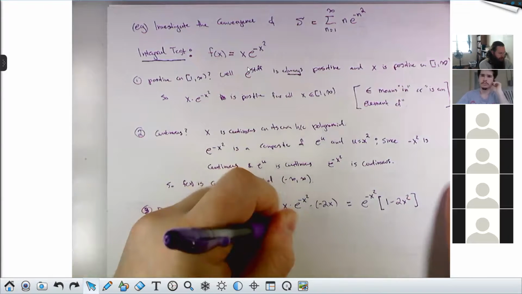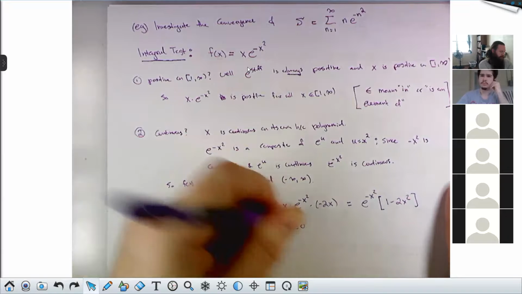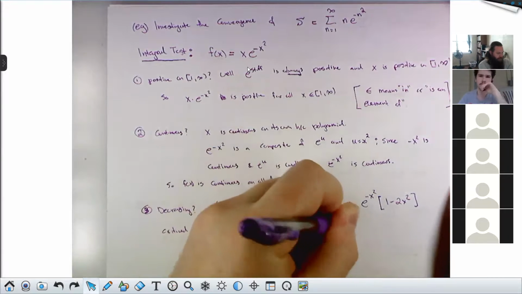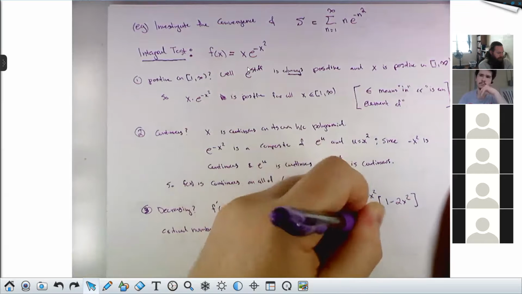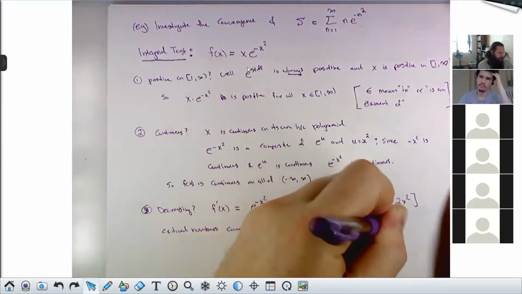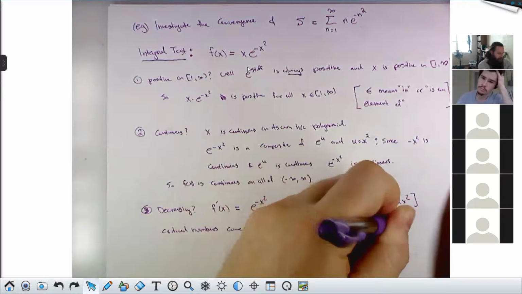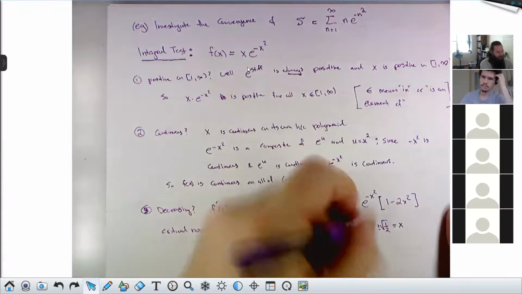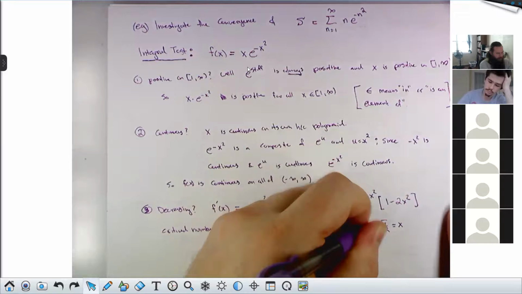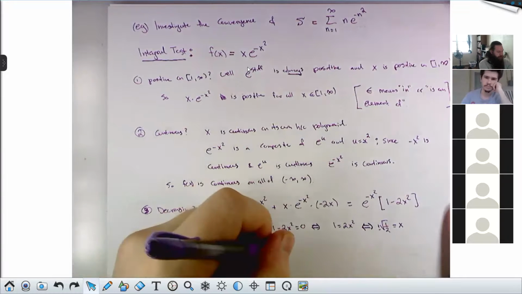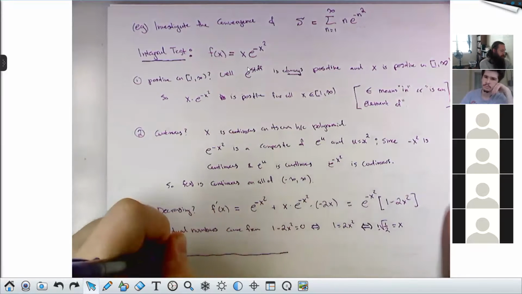From 1 minus 2x squared equals 0, which is equivalent to saying 1 is equal to 2x squared, which is equivalent to saying plus and minus the square root of 1/2 is x. So our function goes from increasing to decreasing potentially at 2 numbers, plus and minus the square root of 1/2.